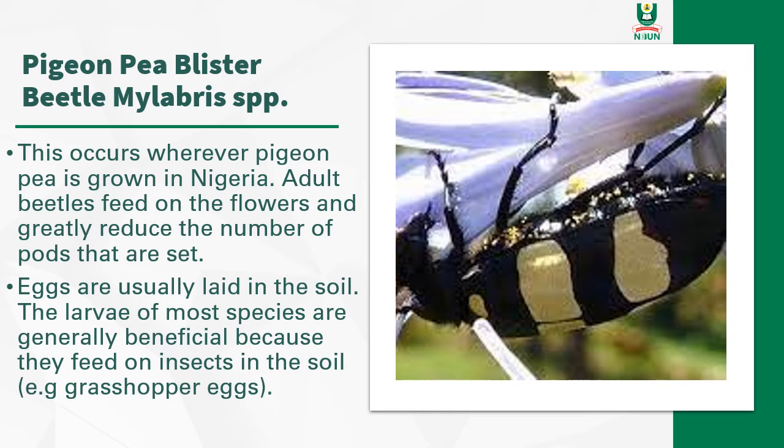The larvae is generally beneficial because they feed on other insects in the soil. Can you imagine that? But once they mature and get to the adult stage, they become a menace on the field of legumes.